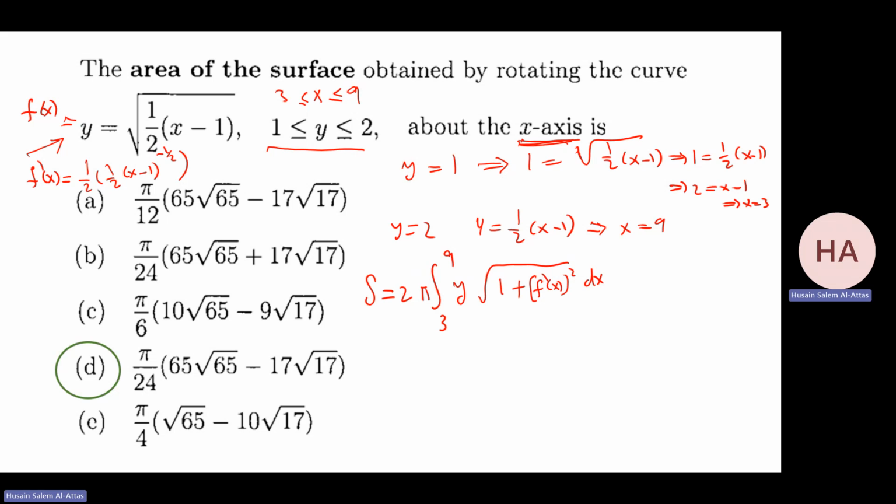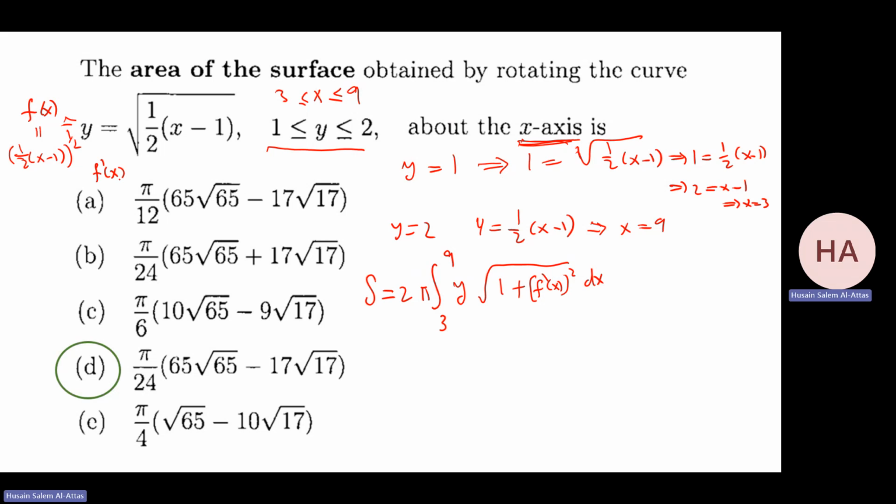That will be half, because this is all to the power half, times this. Don't forget times half. Let me be careful. F of x is half x minus 1 to the power half.